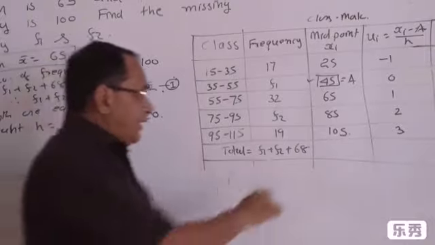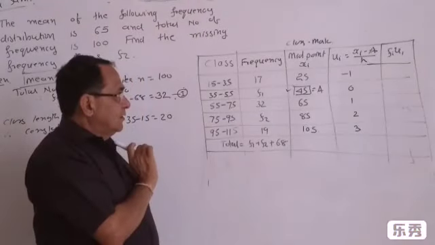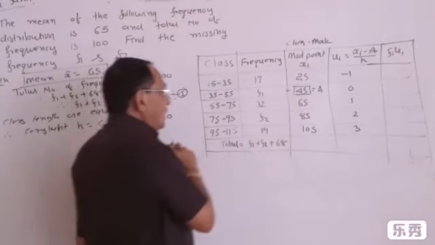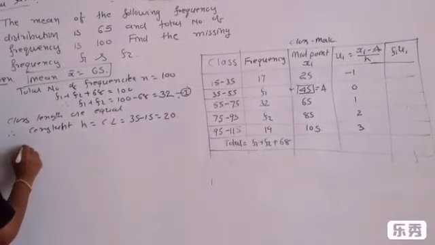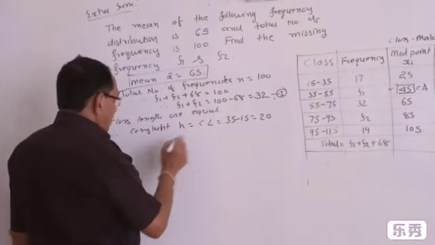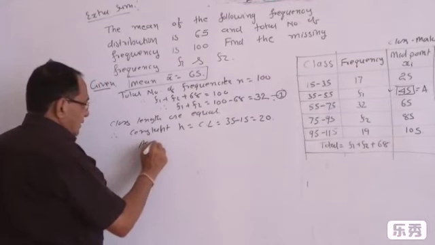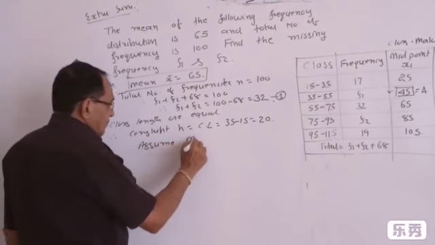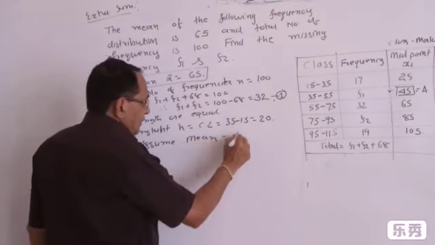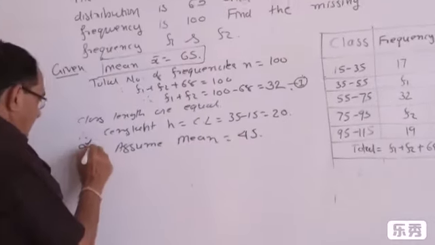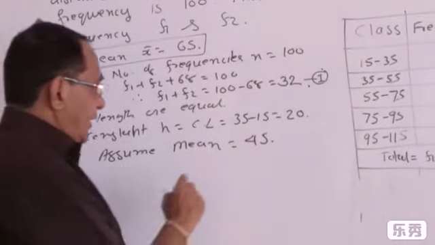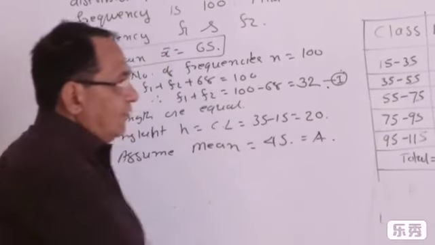Is that okay? Taking 85 would also work. Now assuming A is equal to 45.